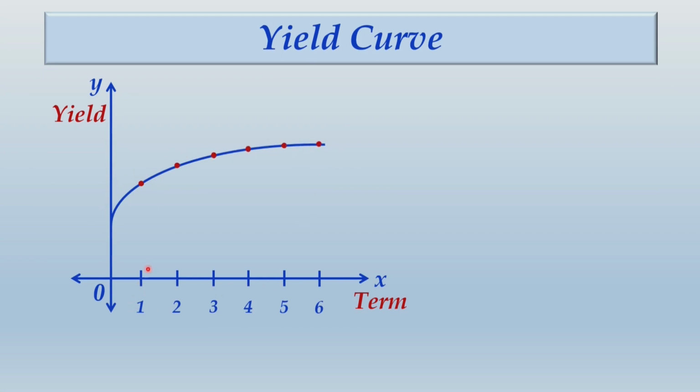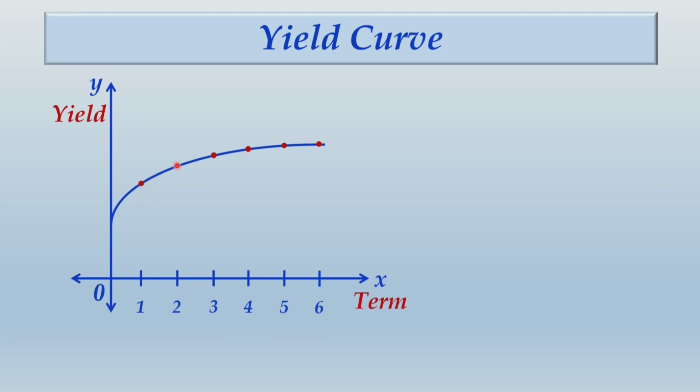Now look into one thing. You have the remaining term for maturity. So understand this graphical presentation very well. If it is just 1 year time for remaining maturity, the bond is offering you this much yield. If it is 2 years time remaining for maturity, obviously I am talking about the other bond, it is offering you higher yield. 3 years remaining time for maturity, still higher yield. 4 years remaining time for maturity, still a higher yield.